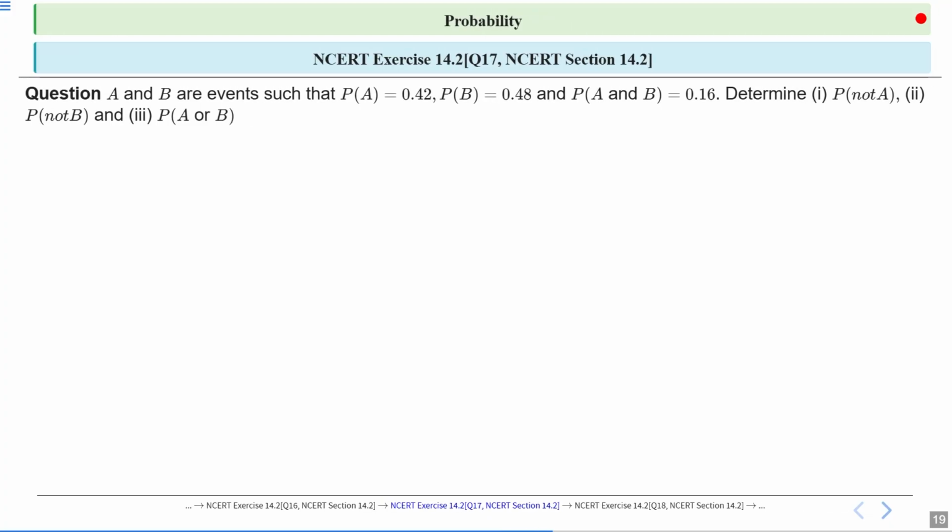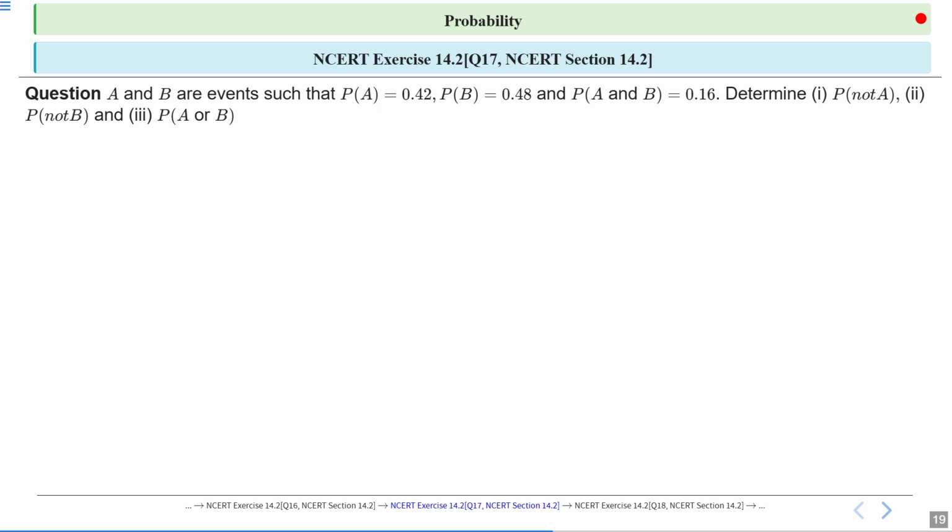Now look at question number 70. First of all, read the question very carefully, and then answer it. A and B are events such that the probability of A is 0.42, the probability of B is 0.48, and the probability of A and B is 0.16.